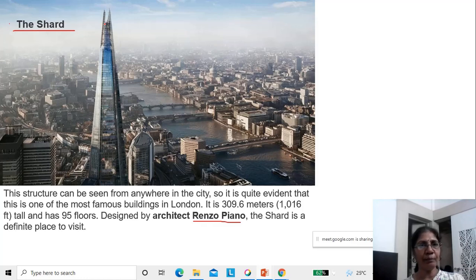Everything could be seen inside this vertical tower, and this is one of the worth visiting places in London, designed by Renzo Piano, the Shard.